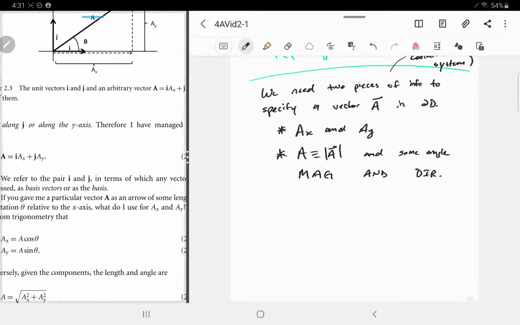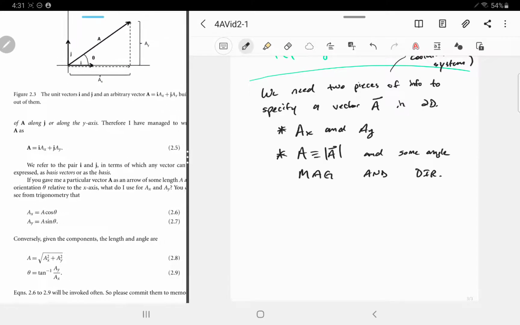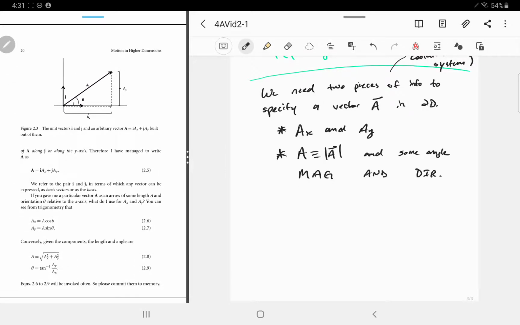I want to warn you though that for equations 2.6 and 2.7 on the left here, those equations are true for any angle only if the angle is measured counterclockwise from the plus x direction, and the y hat direction has to be theta equals 90 degrees.